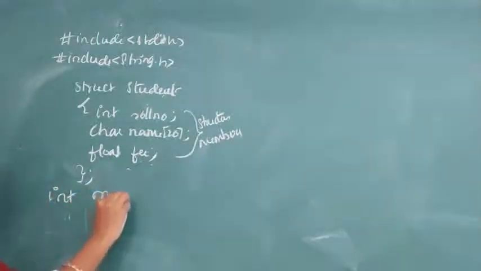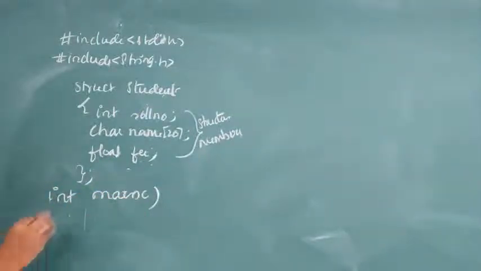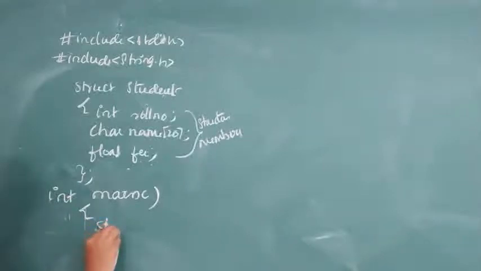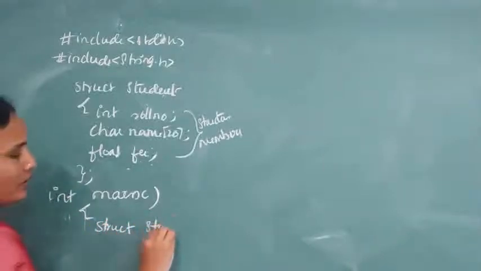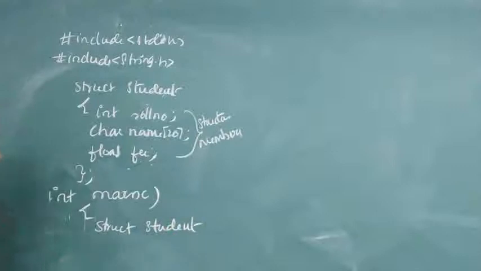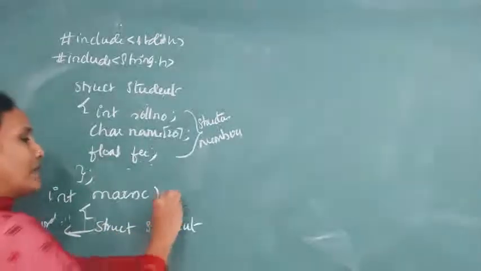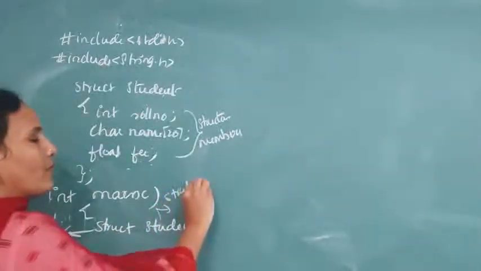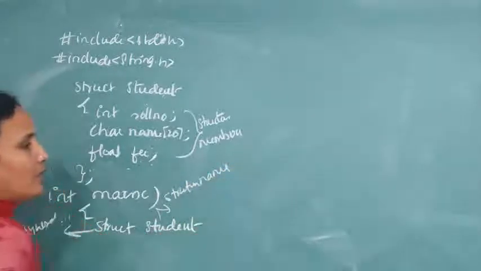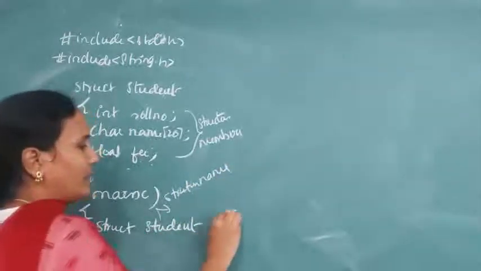In main. Inside the main function, I am declaring structure variables. Struct student. Struct is a keyword and student is a structure name. Now, 4 students are following the same structure.